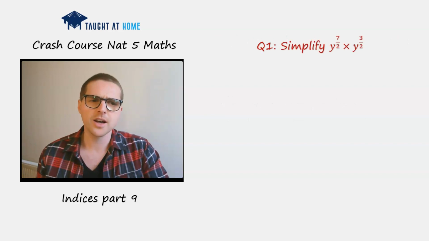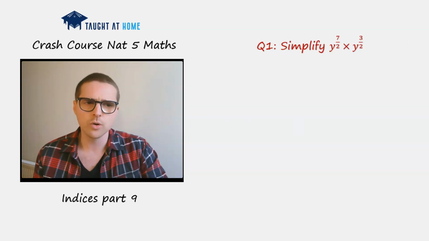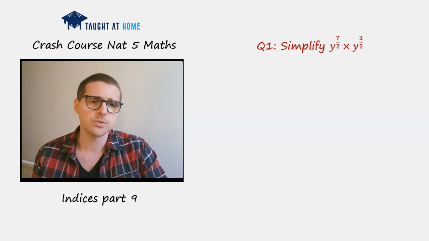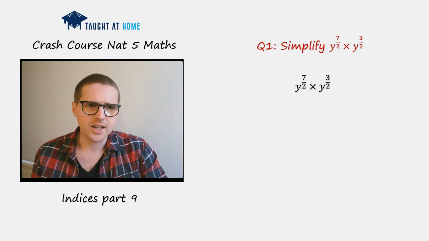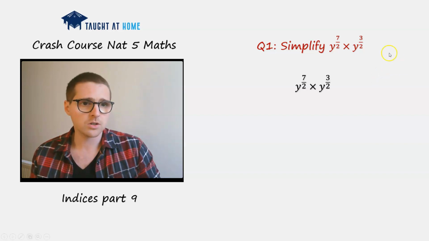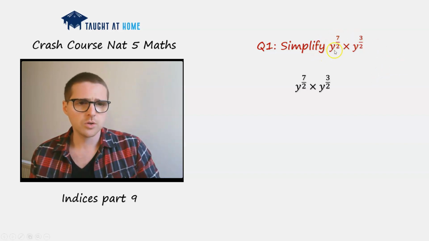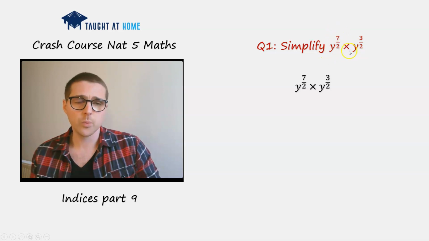So let's simplify y to the power of 7 over 2 times y to the power of 3 over 2. Okay, well first thing is I can see that we're going to be using the first law of indices because we've got two numbers of the same base and they're multiplied together.